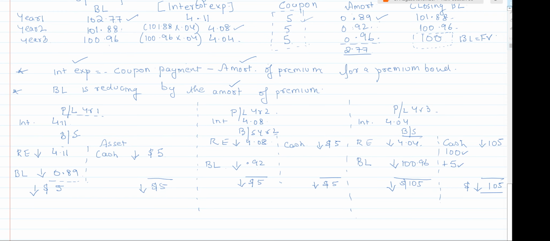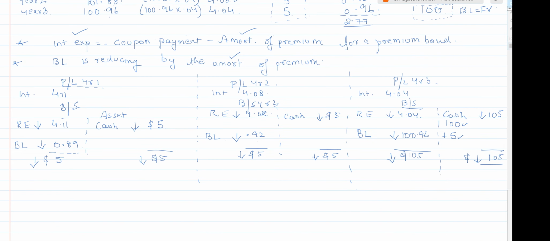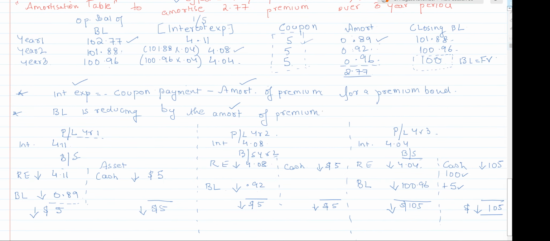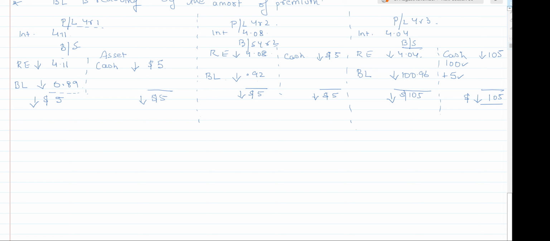Premium bonds. Okay. Right now, guys, let us understand the cash flow impact. Guys, please remember that under US GAAP, the coupon payment of $5 is classified as CFO, right?